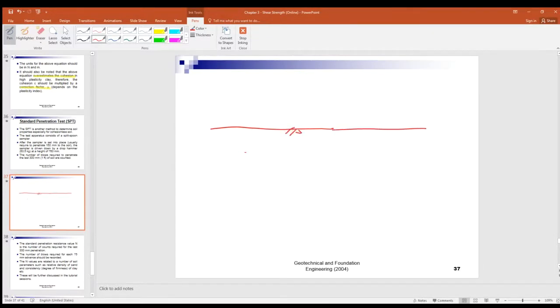So it's the ground surface, right? And then there's a hammer, 63.5 kg, and you drop it a distance of 760 mm. So hit it.